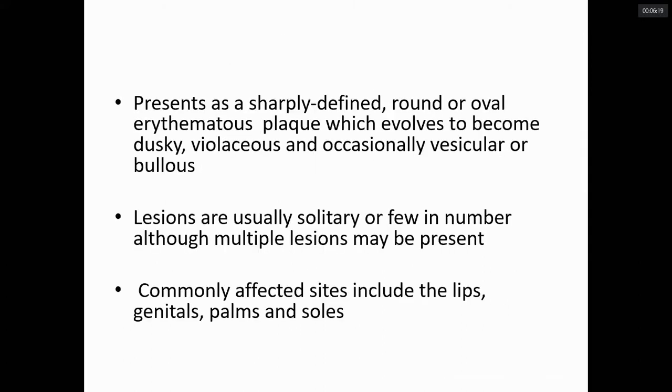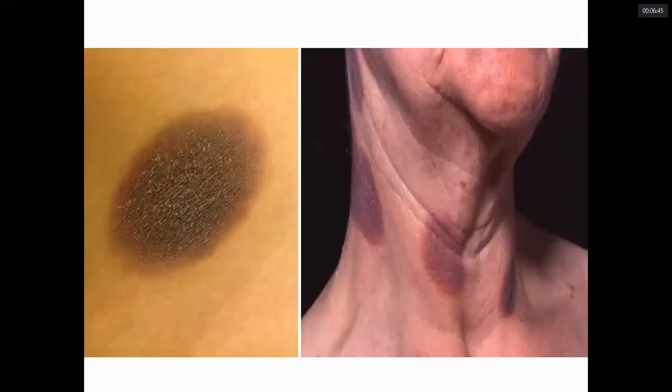It presents as a sharply defined round or oval erythematous plaque, which later becomes dusky, bullous, and occasionally vesicular. The lesions are single or few in number on first exposure, but if the exposure is recurrent, the number of lesions keeps on increasing. The commonly affected sites are lips, genitals, palms, and soles.